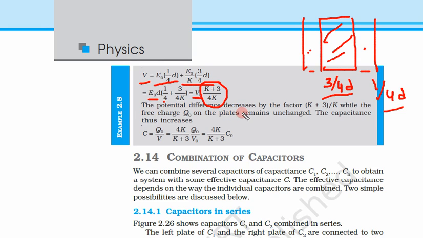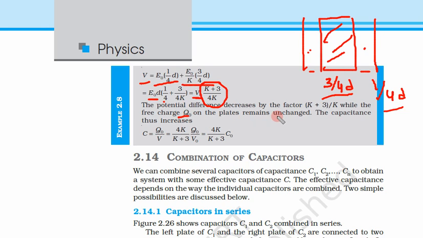Thus the potential difference decreases. Potential always decreases, that you know, when we insert a dielectric. So the potential difference will decrease by the factor K plus 3 upon 4K, while the free charges Q naught on the plates remain unchanged.